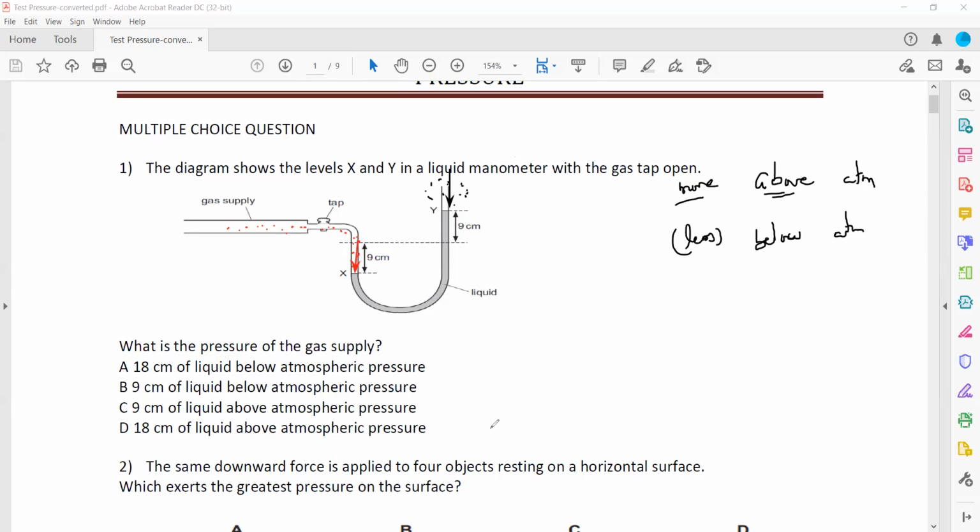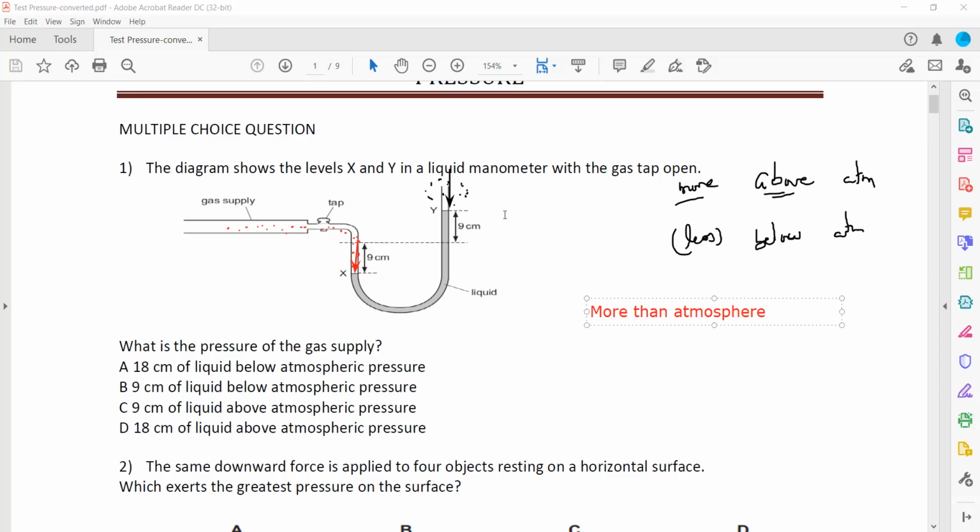Yeah, good. So basically, when you see this manometer, from this figure we can say it is more than atmosphere. So that is one thing.